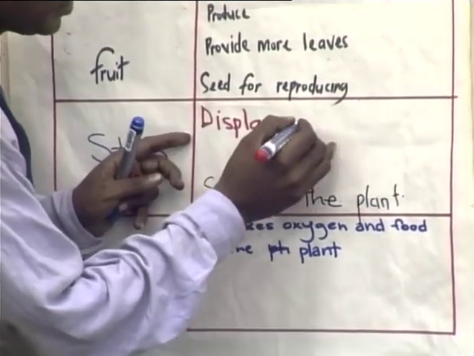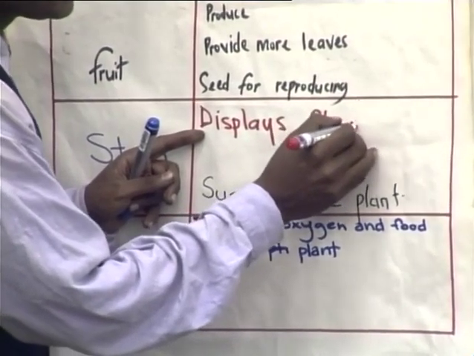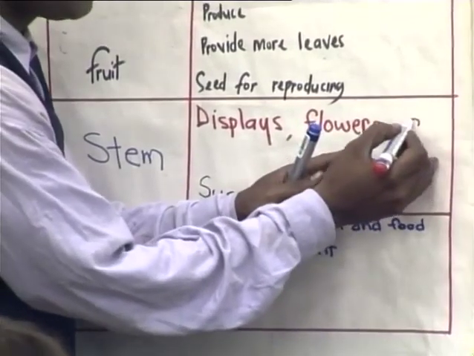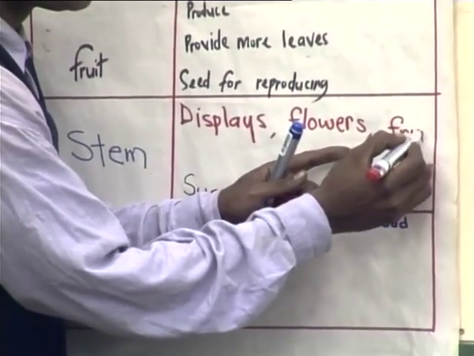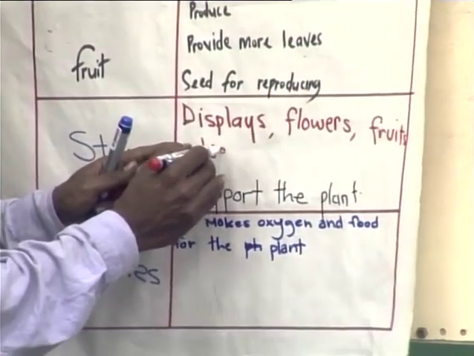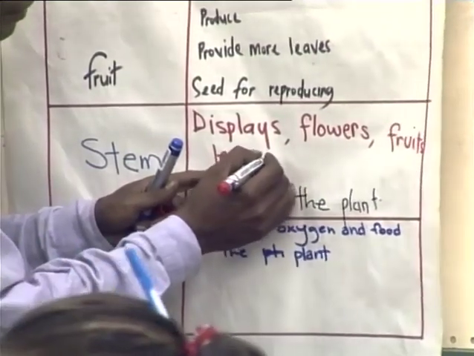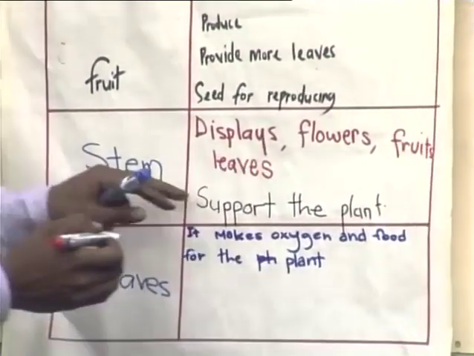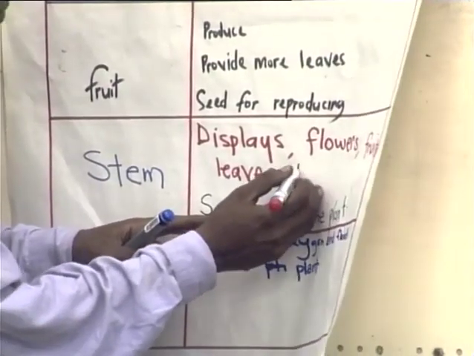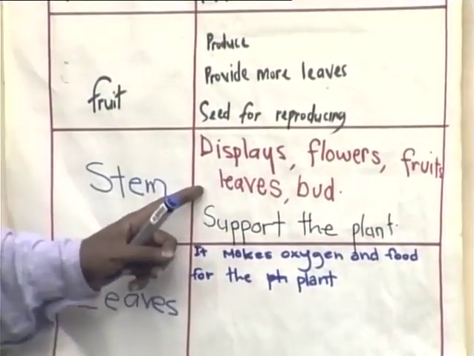Displays flowers, fruits, leaves, and the other parts there, bud, and all the other parts.